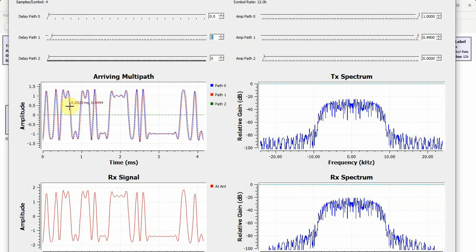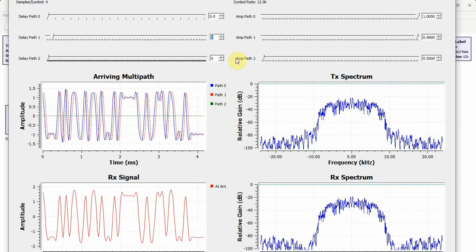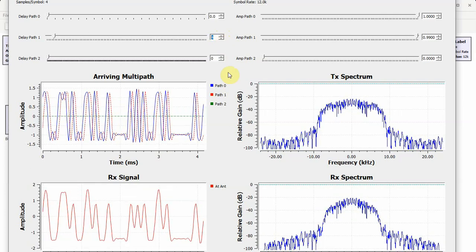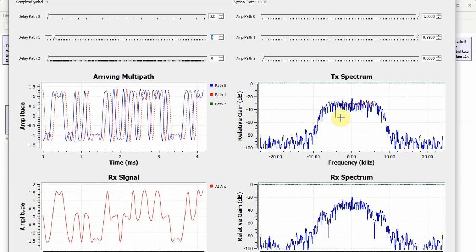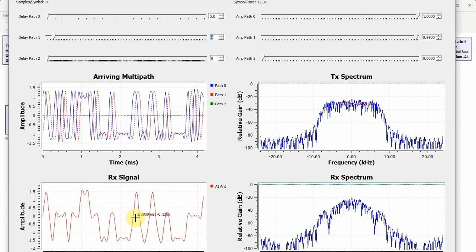This is a 1 sample delay, a delay of 2 samples, a delay of 3 samples, and a delay of 4 samples. Now you can see the shape of the receive and transmit spectrum. And here you can see that there are points where our signal is being destructively added, and there are points where it is constructively added.